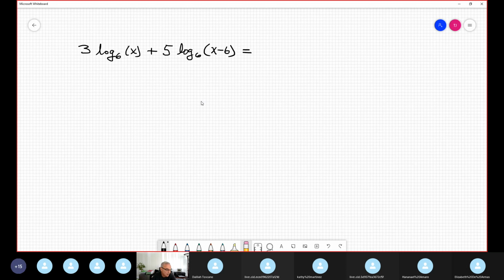And the question says, express this expression as one single logarithm. So I want to condense these two logarithms into only one.